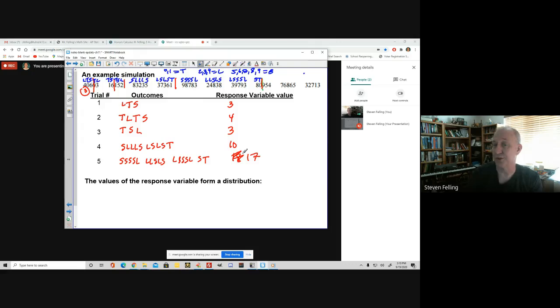Now that actually forms a distribution, right? If I were to graph it, I could say, here's 0 to 5, 10, 15. We could do a little dot plot if we wanted to. This is not a very big data set. We had two times it took 3, 1 time it took 4, 1 time it took 10, and 1 time it took 17.